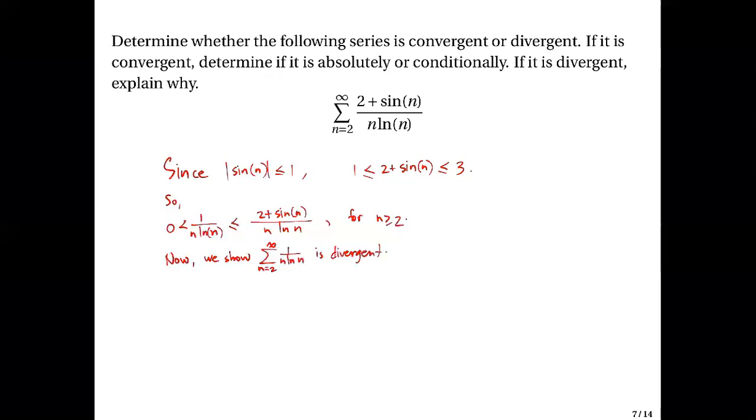We use the integral test. So let f of x equal 1 over x ln of x for x greater than or equal to 2.